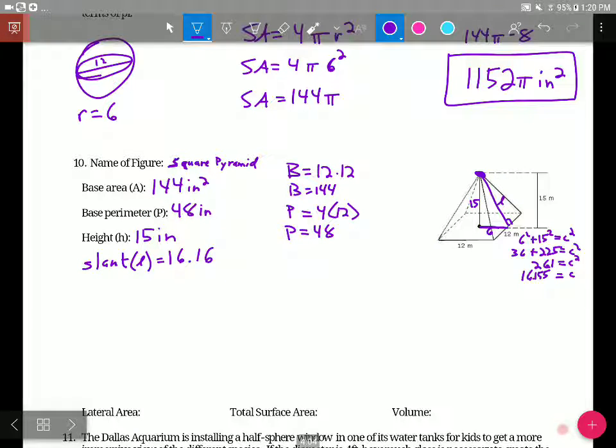All right, so that's what we got so far. Pause if you need to. From here, you got everything you need. Lateral area. Let's do this in pink. Lateral area equals 1/2 perimeter times the slant height.